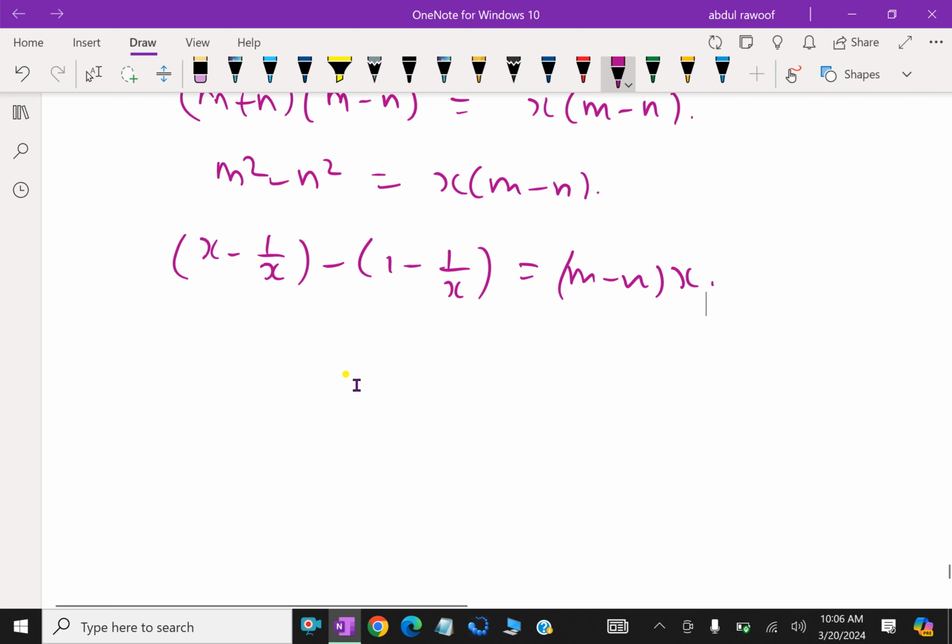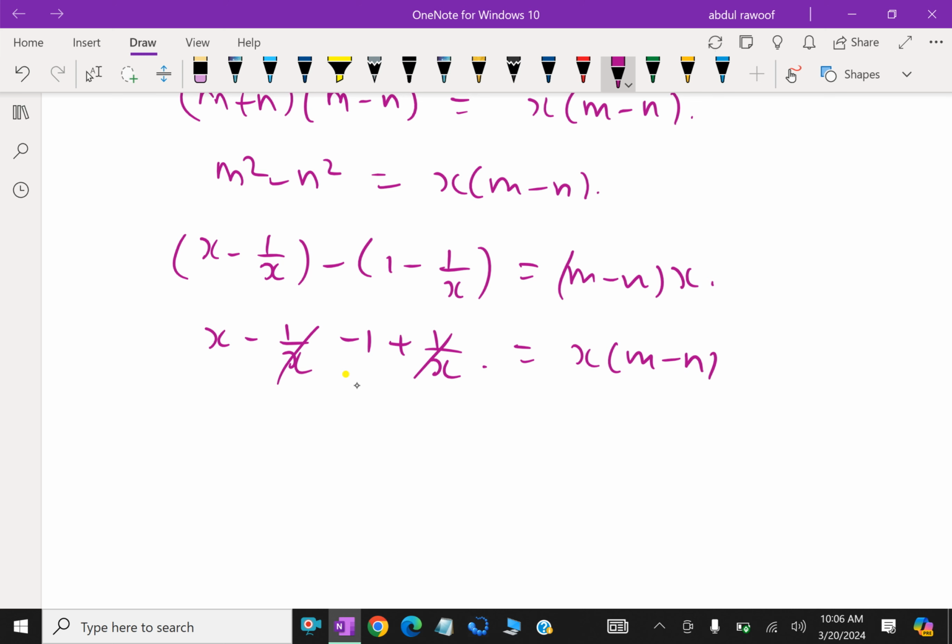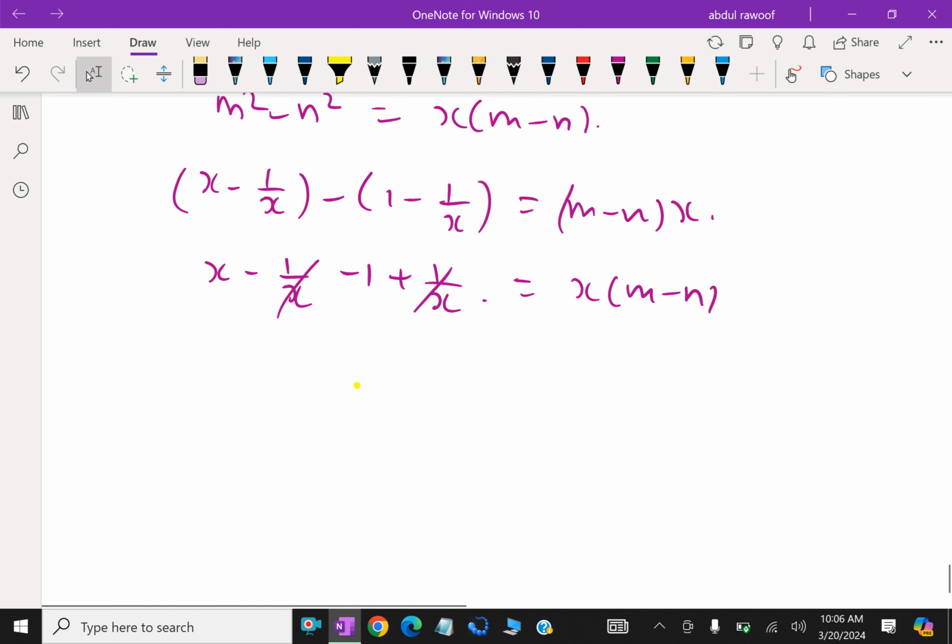Here simplifying, x minus 1 over x minus 1 minus minus plus 1 over x both cut, which is equal x into m minus n. Therefore you see x minus 1 equal to x into m minus n.